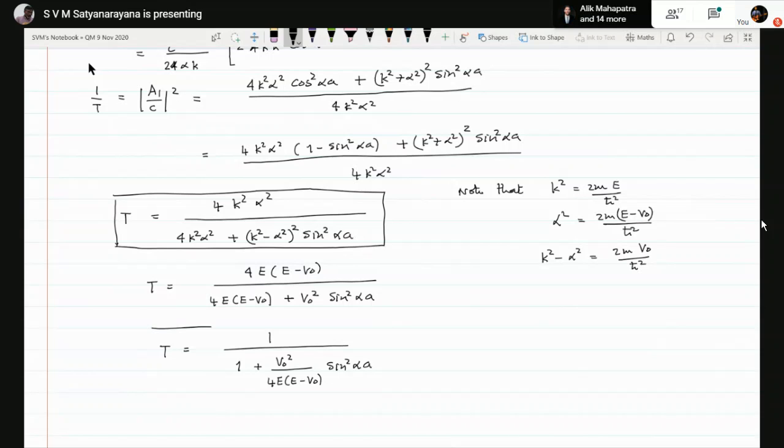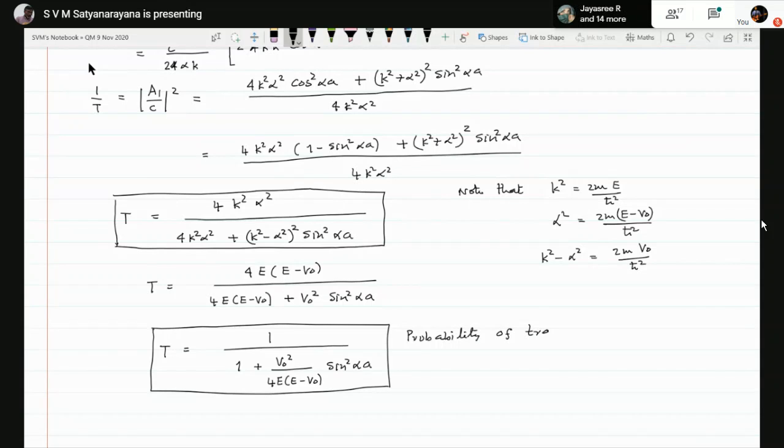Okay, so this is essentially the transmission coefficient. So what is transmission coefficient? It is the probability. This is essentially the probability of transmission.